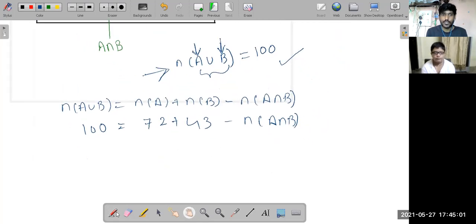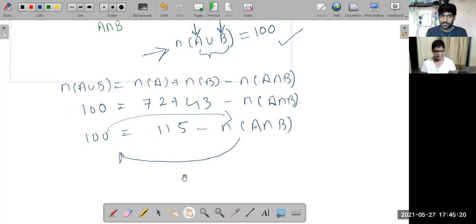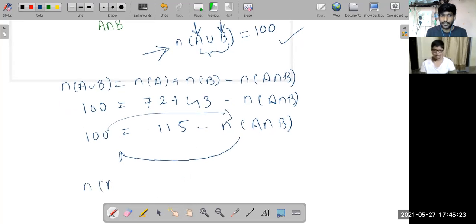So 100 equals 115 minus n of A intersection B. Understood? You take this side and take the 100 this side. So n of A intersection B will be 115 minus 100. So this is 15. This is how you get 15.